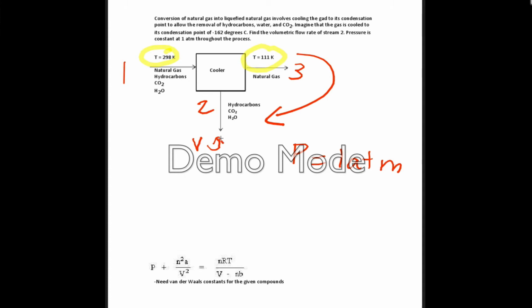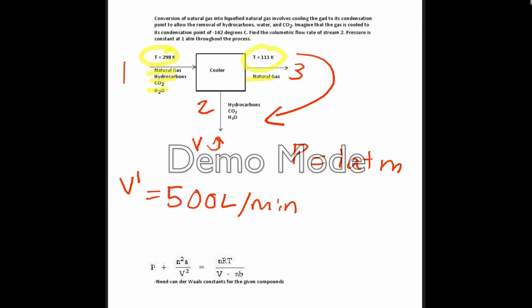We'll set a basis for the first problem, that will be equal to 500 liters a minute. And let's assume that we're given the molar fractions of just these compounds.